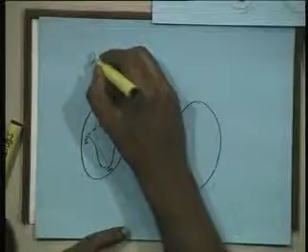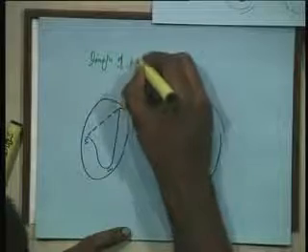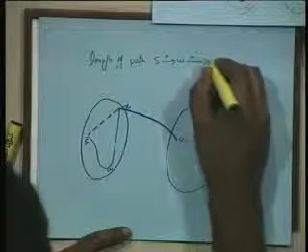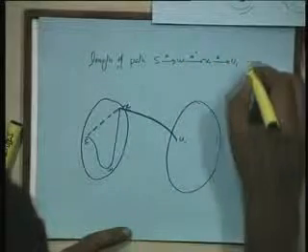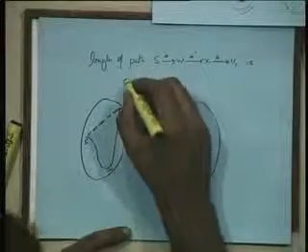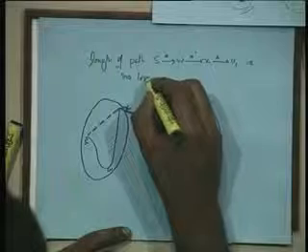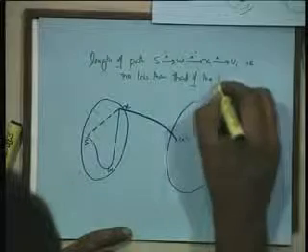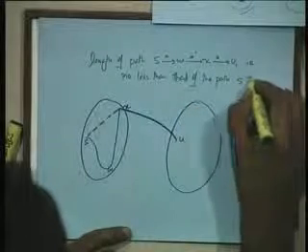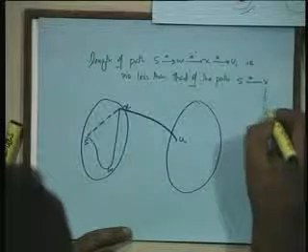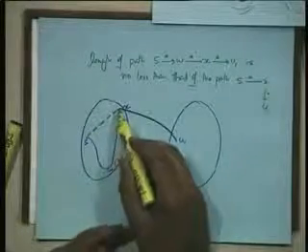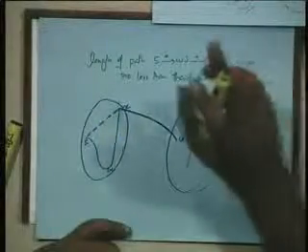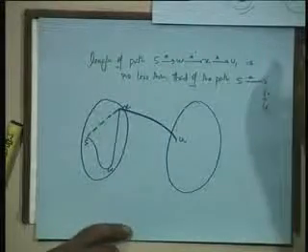So let me write that down. Length of path S to W to X to U1 is no less than that of the path S to X to U1, where the path from S to X I am taking is the shortest path from S to X. That does not include W. Shortest path from S to X does not include W. Why?